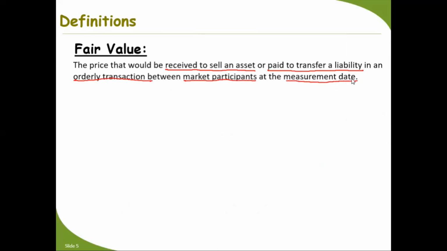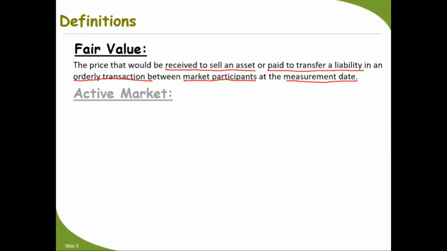When you are measuring fair value at that date, it is the price you would receive for selling an asset, or which you would pay to transfer and discharge your liability, in an orderly transaction. Orderly transaction means the transaction is at arm's length: there is no pressure, and consent is free, between market participants. We will talk later about market participants. That is called fair value.